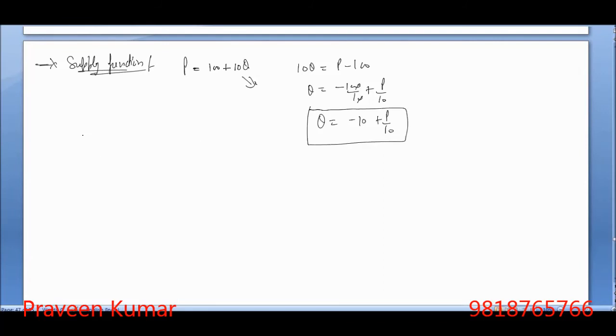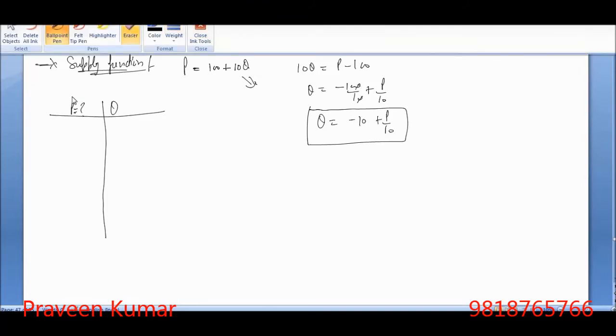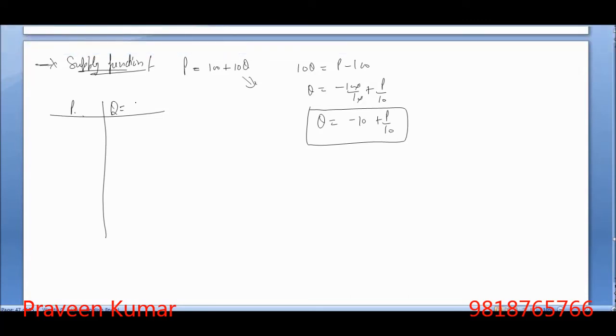Now we can calculate different quantities at the given prices. We have to assume different values of price, and we can have the corresponding quantity supplied, minus 10 plus P upon 10. Suppose if price is 0, then quantity is minus 10. When price is 10, the quantity is minus 9.